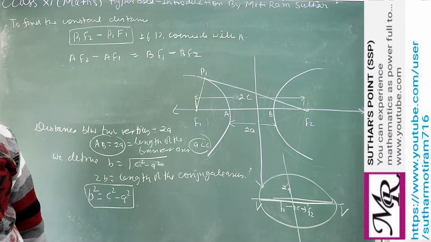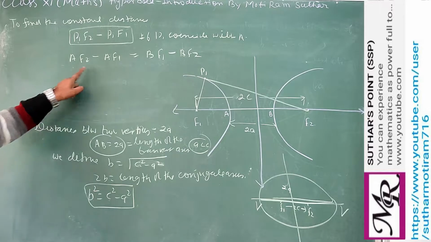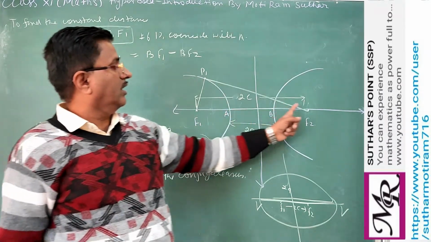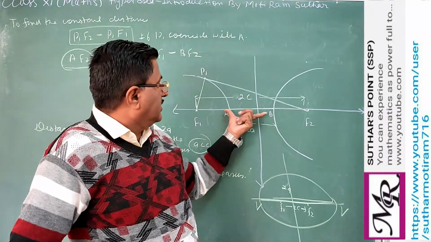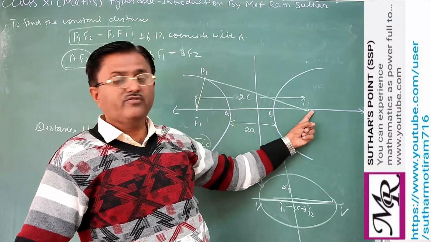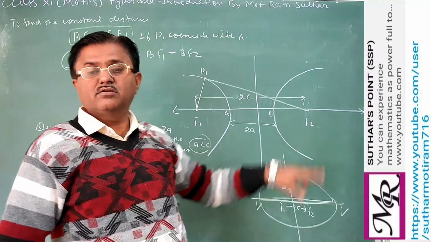Clear? Now you may write AF2 in the figure very carefully. See, AF2 can be written as AB plus BF2.